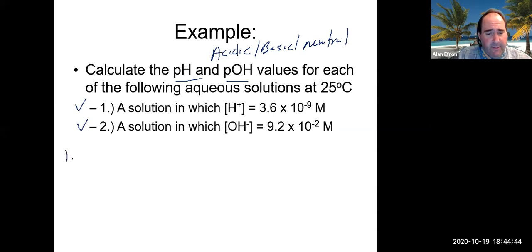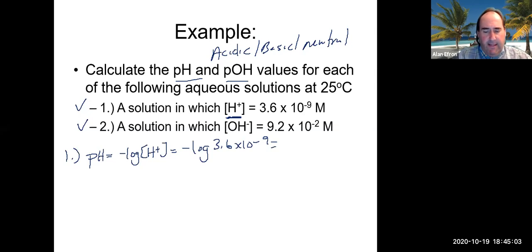So again, as we just saw, we had a variety of ways we could solve some of these. In this particular case, we are given the H plus concentration. So since we're given the H plus concentration, we could go right into our pH, and that is minus the log of the H plus, which would be minus the log of 3.6 times 10 to the minus 9. And that would get you 8.44 as our pH.